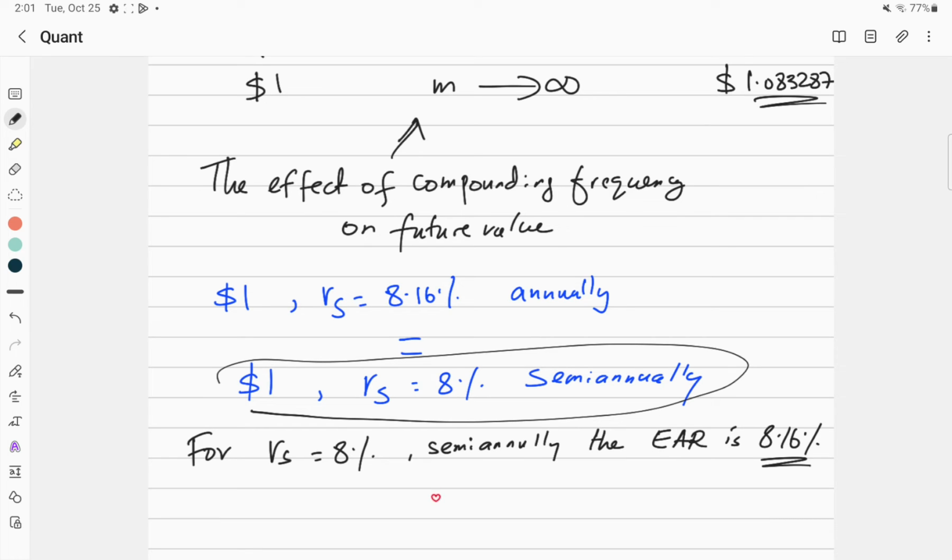I hope this is clear. So the effective annual rate is the rate at which it's compounded annually to have the same future value as an investment that's compounded semi-annually with a different stated annual return.